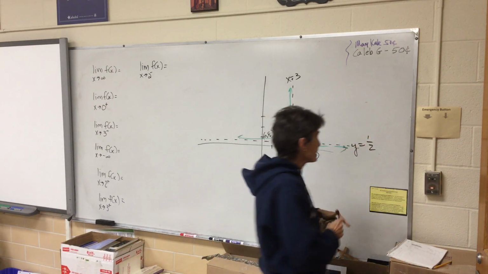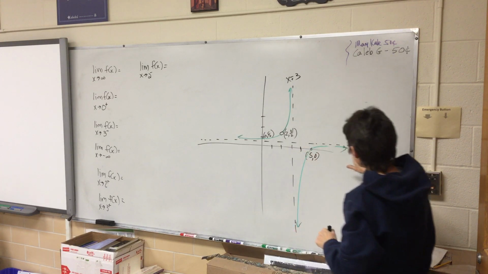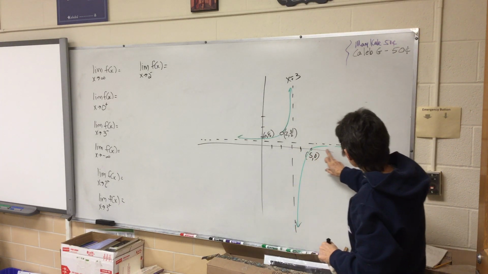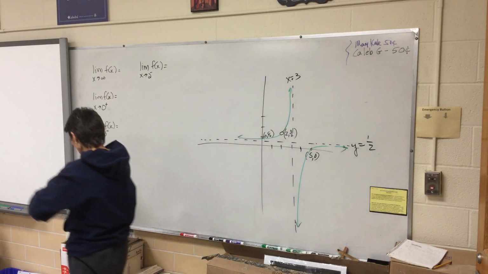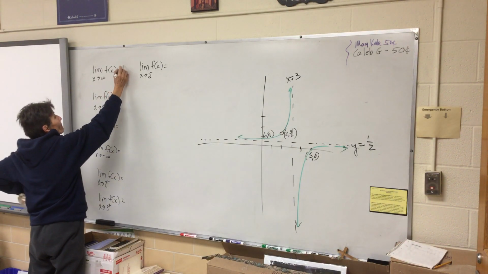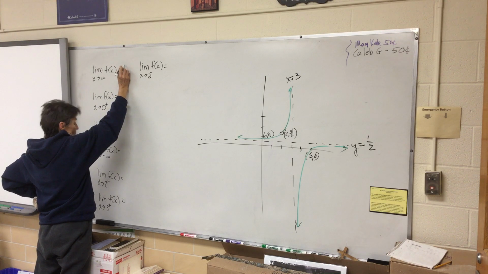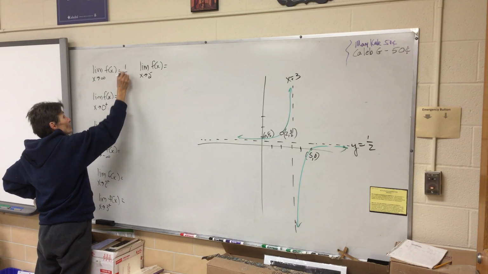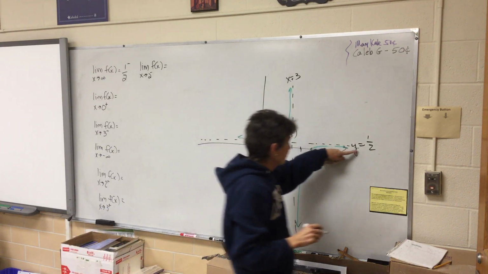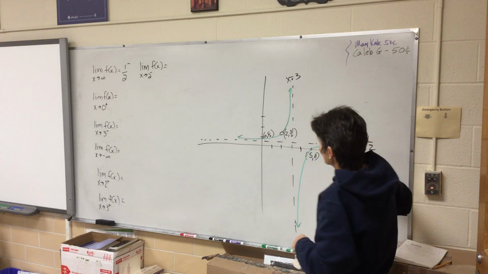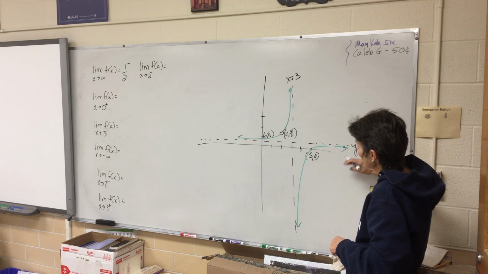So that's out here, getting bigger and bigger and bigger. What is your curve doing? What's the limit? What is your curve getting closer to? 1/2. Yep. From the bottom. It's coming in to 1/2 from the negative side, from the bottom. Perfect.